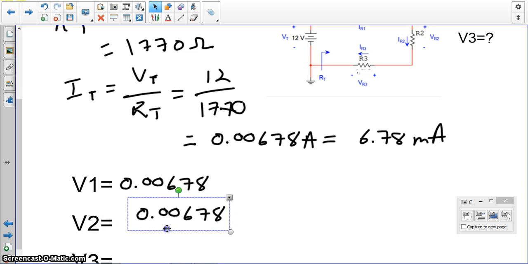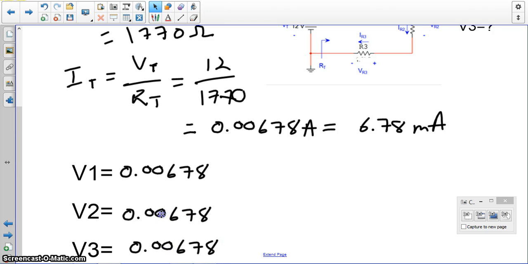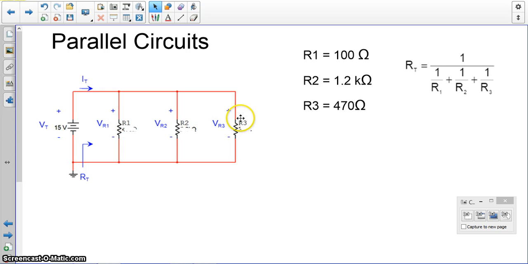I times R. Same thing. It's the same IT. Kirchhoff's laws, that's the other important laws, say that voltage adds up in a series circuit, but current stays the same. And it's basically vice versa. Current adds up, the three currents that are on these three branches add up, and the voltage stays the same.